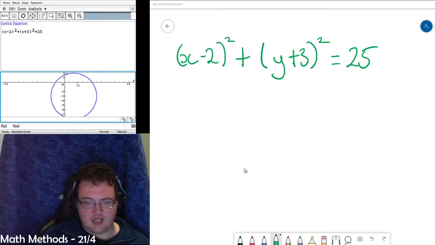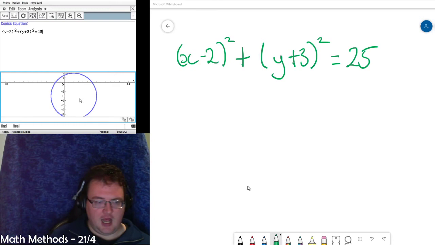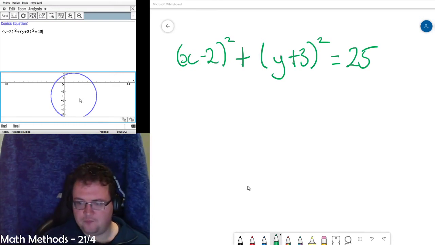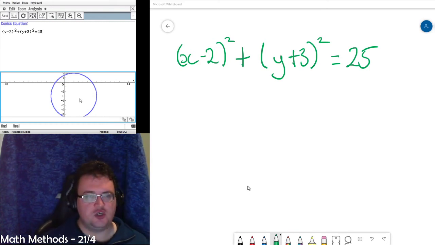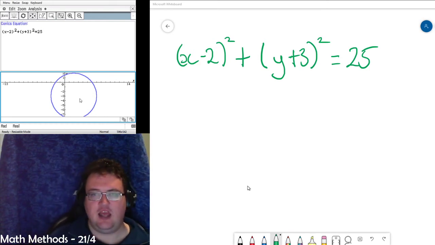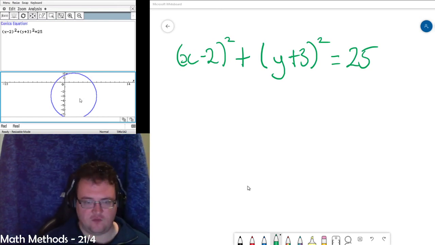The center is down at positive 2, minus 3. So Bol and Hawa are correct. Alright, so remember, if it's x minus 2, it's been moved 2 to the right. If it's y plus 3, it has been moved down.